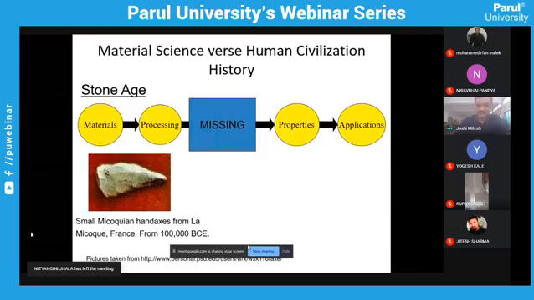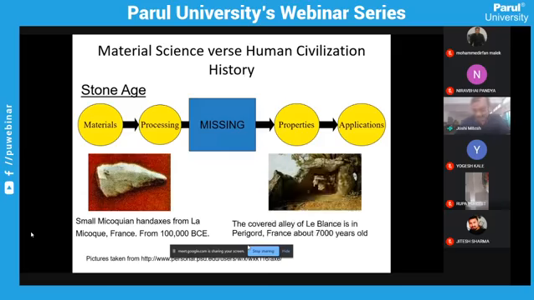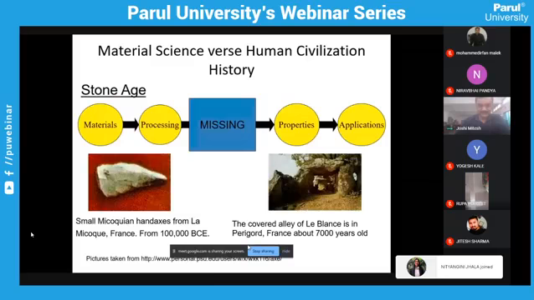By using these sharp objects, they made caves and lived in them for centuries. But something is missing here. So this is material science history, where you have a material, you process it, you define some properties, and you have some applications. This has been going on for years and years.